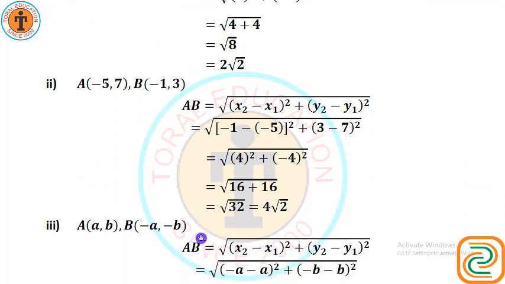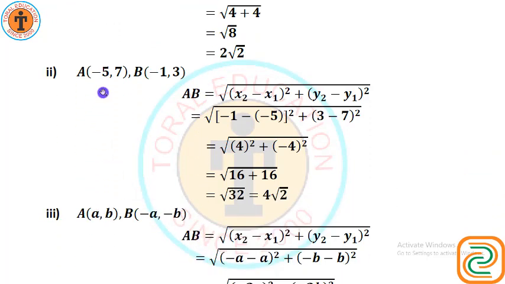Second question, A minus 5 and 7, B minus 1 and 3. Again here x2 minus x1 whole square, y2 minus y1 whole square. x2 that is minus 1 minus minus 5.